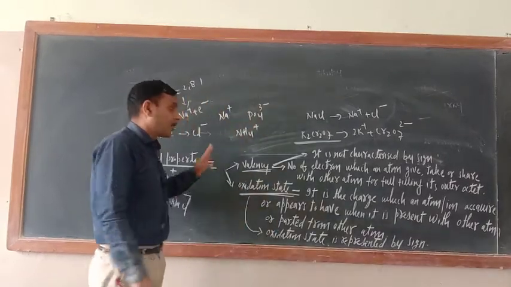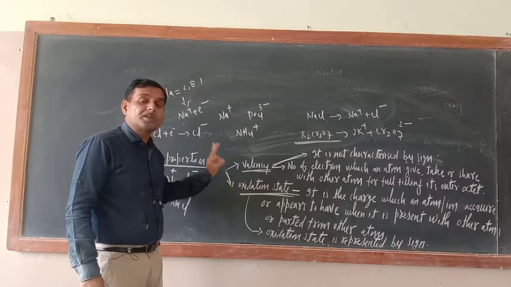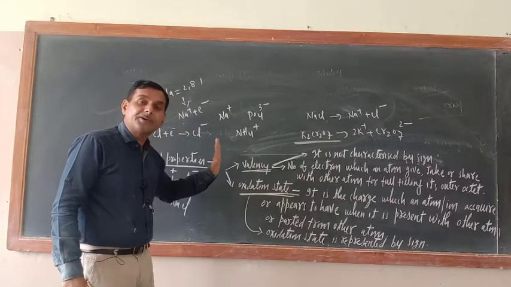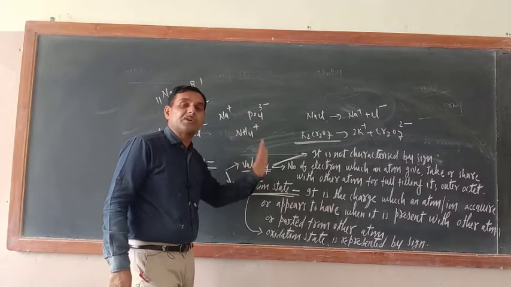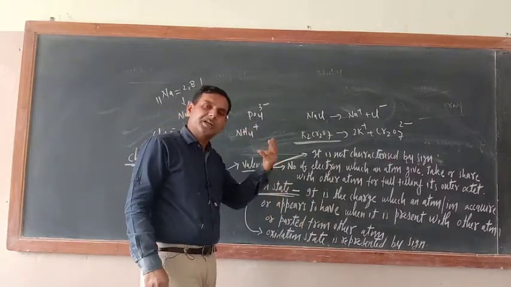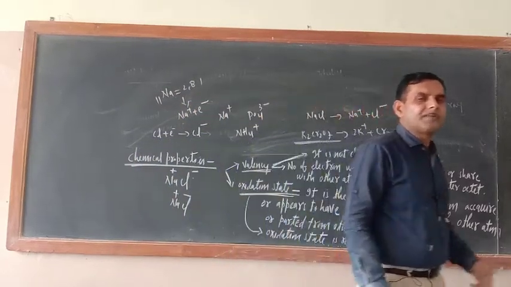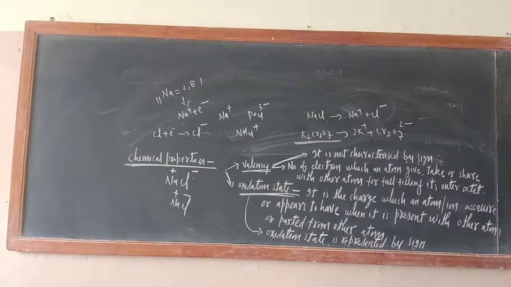So I am on the chemical property of the 15 group, but right now I have not started the chemical property. I told you what valency is and what oxidation state is. If you understood valency and oxidation state, the remaining things you will also come to know. So now I will start the chemical property of the 15th group, that is oxidation state.